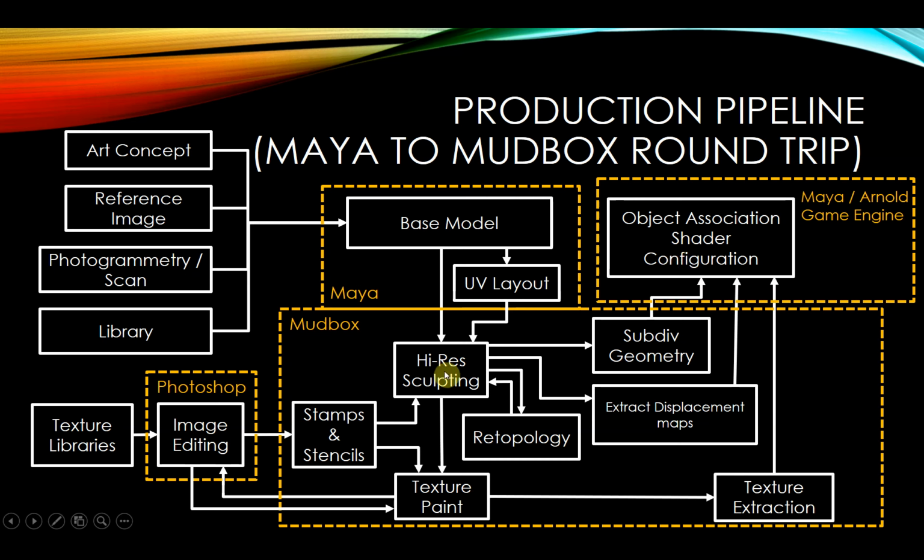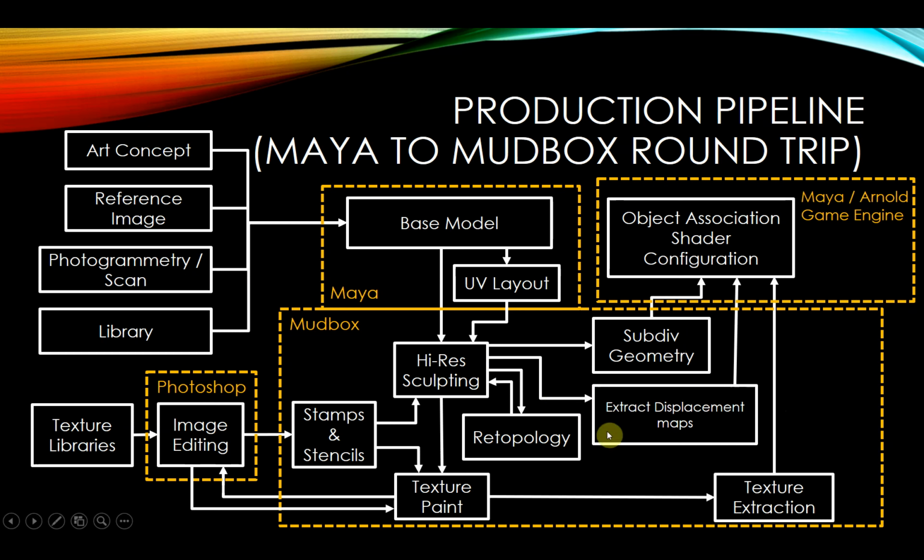What you want to do is bring in a model from a lower subdivision level with fewer polygons. Bring that into Maya, or your game engine, and the detailed parts of the sculpt will be encoded or baked into something called a displacement map.